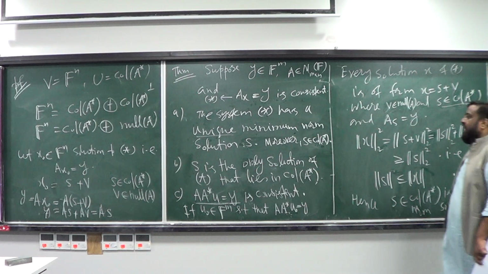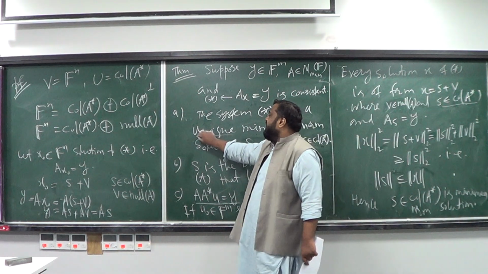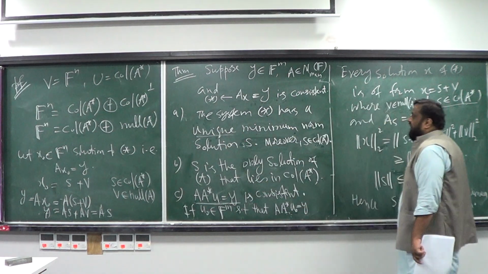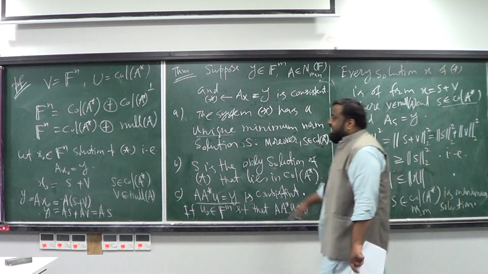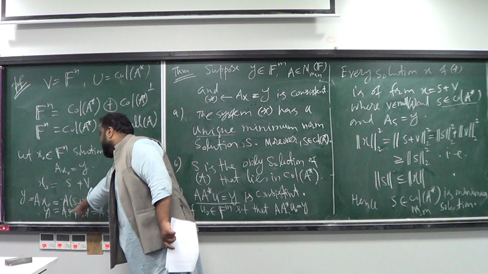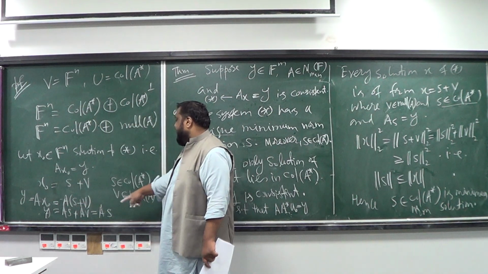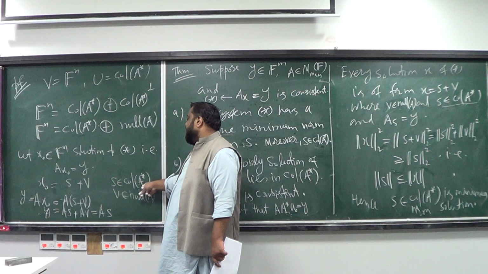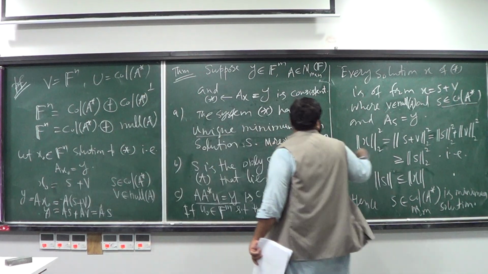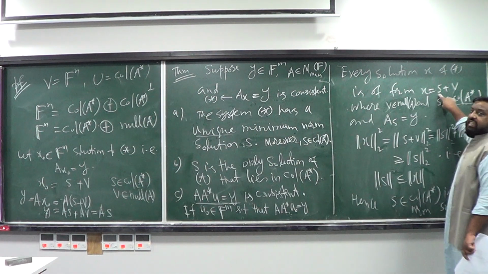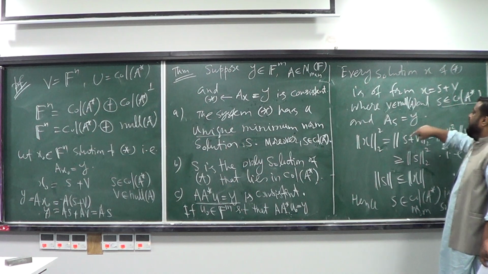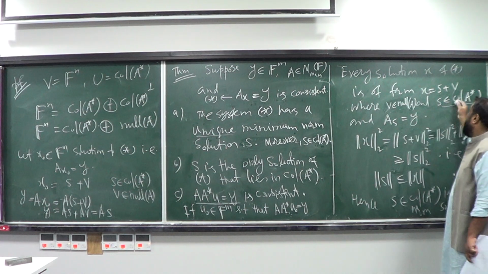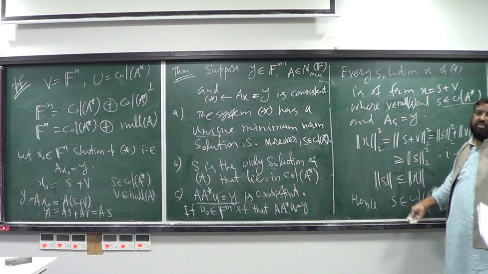But there is also a claim that it must be unique actually. In other words, this s that solves A s = y and lives in the column space of A star, and this s that solves A s = y and lives in the column space of A star, they can't be different.